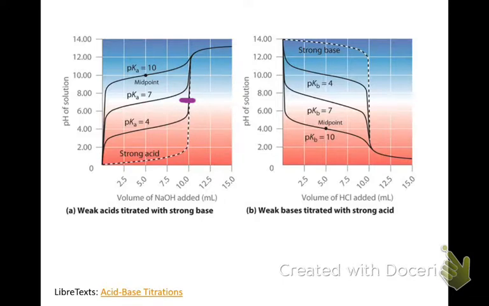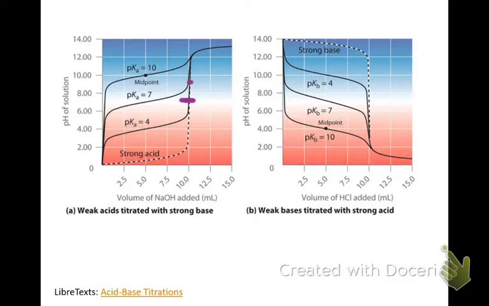We see that the pH at the equivalence point for weak acids is higher. So we have basic solutions at the equivalence point. And we see that for weaker acids, so higher pKa's, the pH at that equivalence point steadily rises.